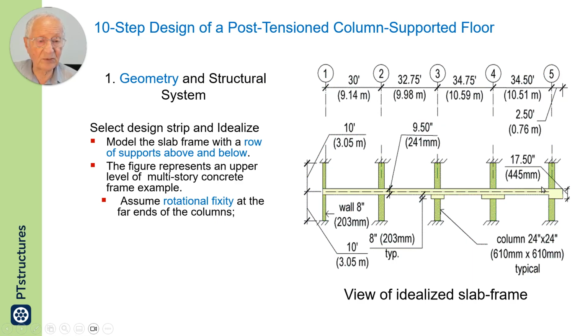When we extract one floor, this is assumed fixed rotationally. We assume roller supports at the far ends of the columns. Here I have a roller support.